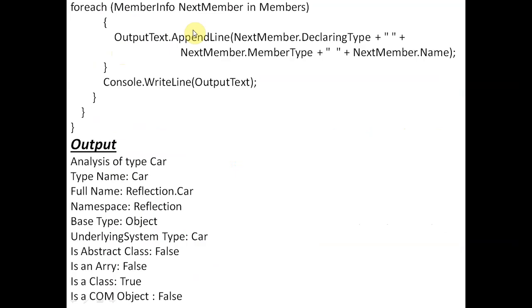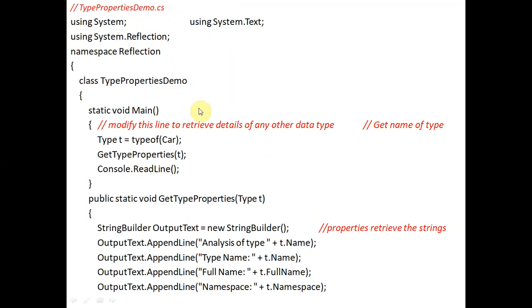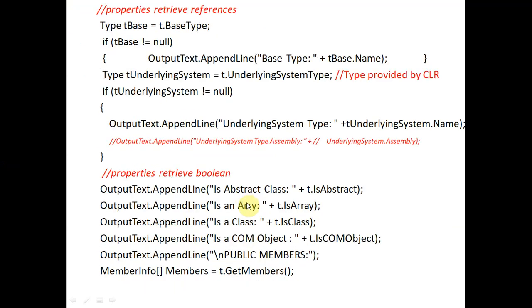So what will be t.BaseType? The base type of t: the nature of t is object, because t is an object of Type. The same way tBase is an object of Type. So t.BaseType will be object.